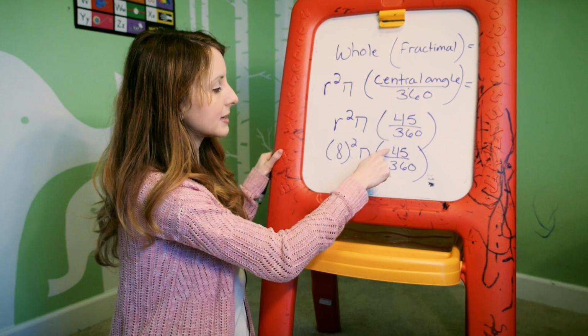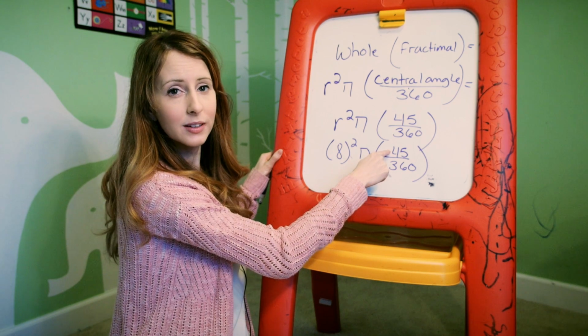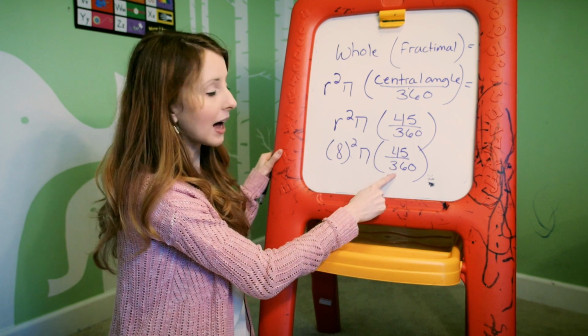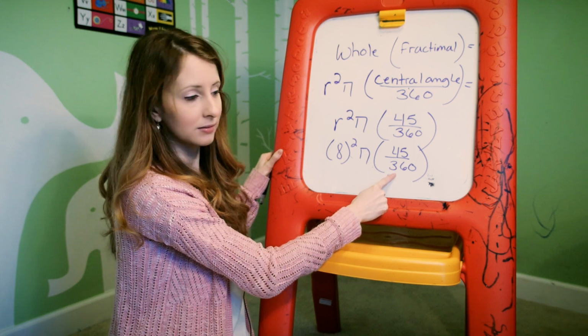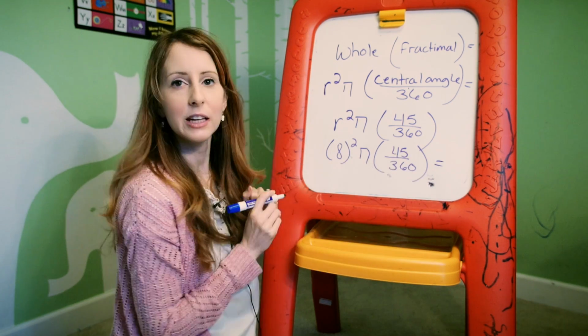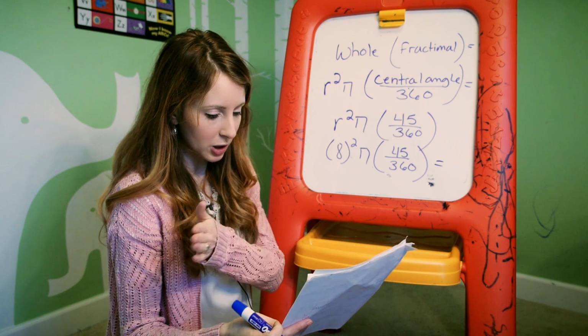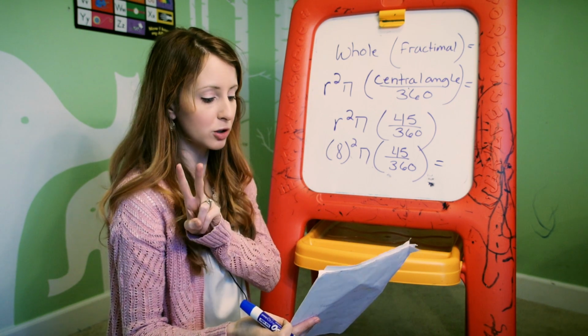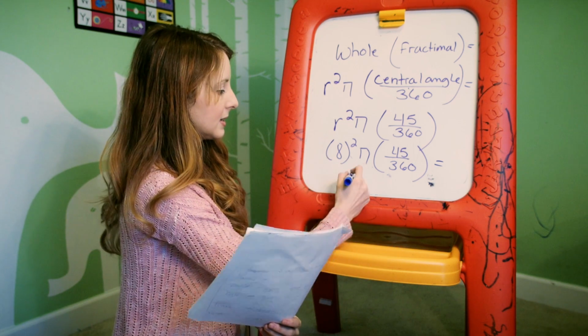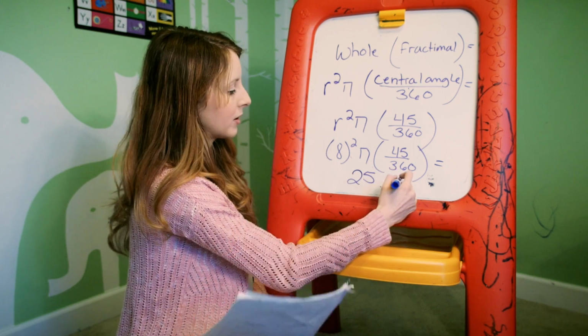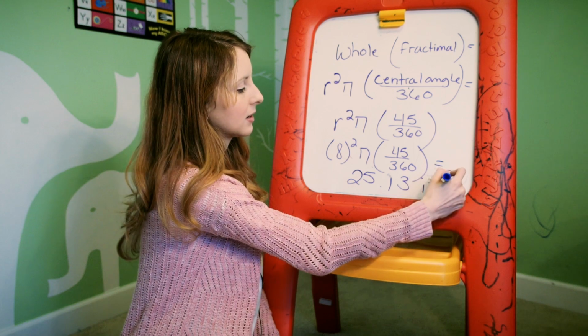Then you're going to hit times 45 and then divide by 360 and then equal. You'll get a rather large number that keeps going and going, but you're going to round it off to 2 decimal places to get the answer 25.13 inches squared.